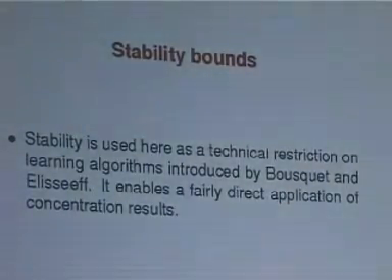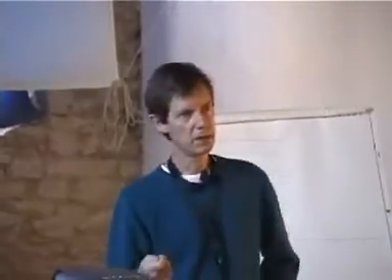They introduced this very neat idea, and it allows a fairly direct application of these concentration results. So I think it's a nice way to start, to see how the ideas are used in an example, and then we'll tackle the Rademacher case, which is more general.